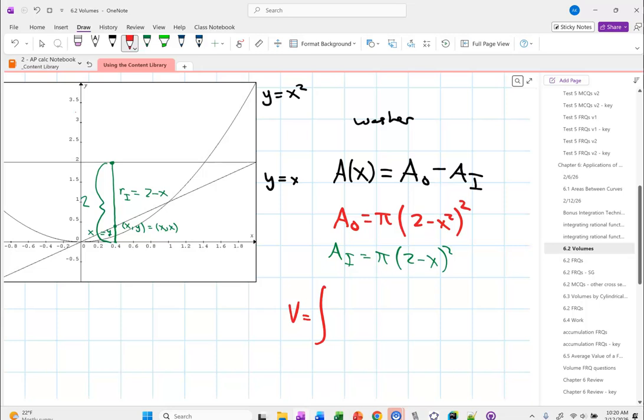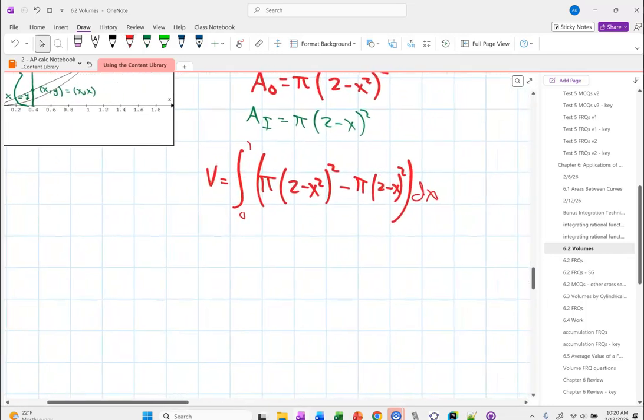So our volume is going to be the integral starting at 0 and ending at 1, with respect to x, of pi r outer squared minus pi r inner squared. Is everybody okay here?